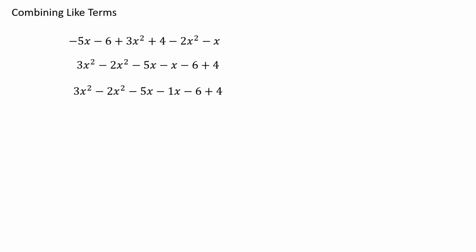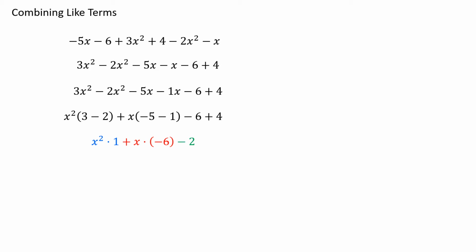But now what I can do after having rearranged the order of the terms is I can combine like terms. I can factor an x squared out of the first two, factor an x out of the next two, and there's nothing to factor out of the last two. But this allows me to then work out what's in the parentheses and combine like terms.